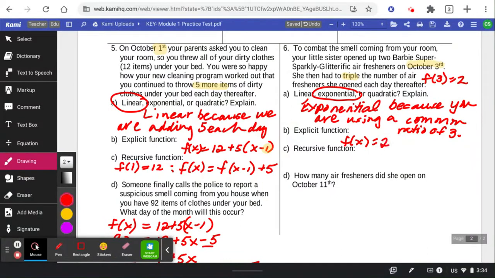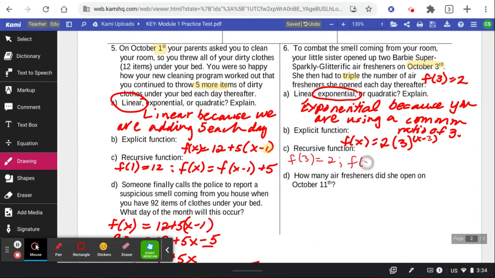So she began with 2 air fresheners, multiplying by 3 to the power of x minus 3 because of October 3rd. All right, the recursive goes f of 3 equals 2, f of x equals f of x minus 1 times 3 for the tripling.